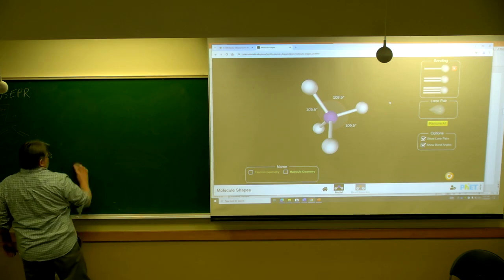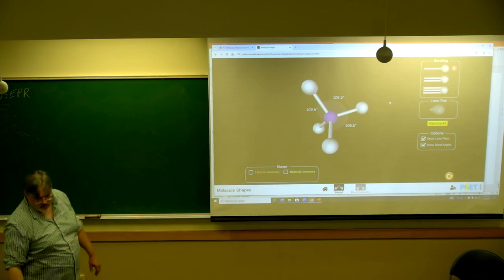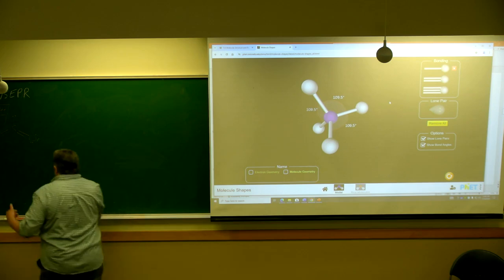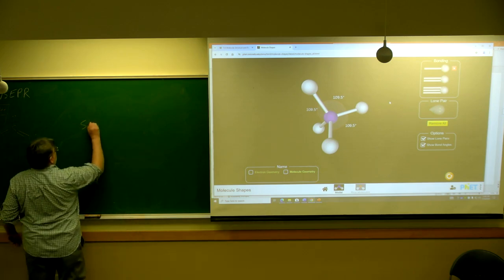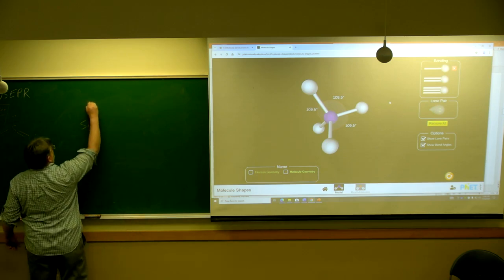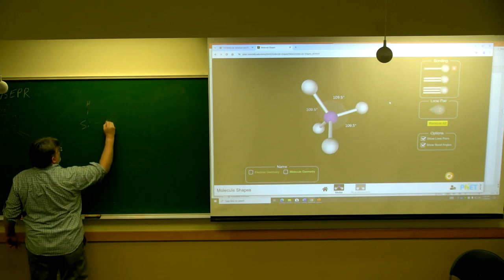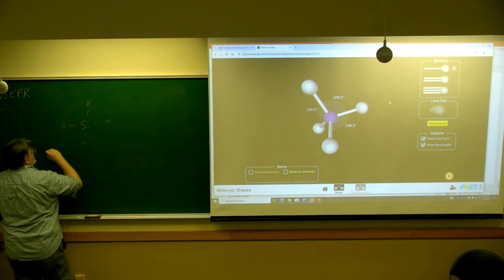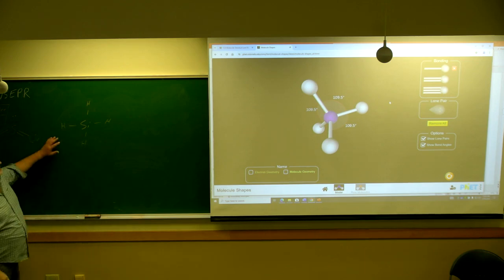So, what did we have? SiH4 was one of those we did before. SiH4. If you're going to draw it on a piece of paper or on a board, we draw it like that, but maybe it's obvious now that this type of diagram only shows you what's connected to what. It doesn't show you the 3-dimensional shape.